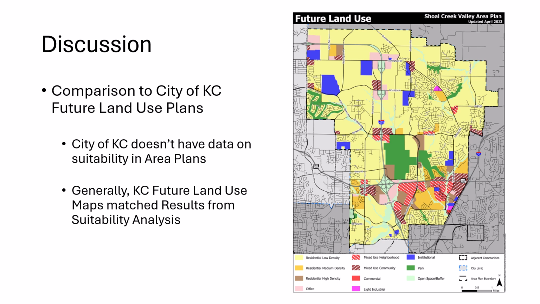So I did look at the areas, and the areas that had the highest suitability tend to be areas that are designated residential here, and areas with lower suitability tend to be non-residential land uses. So it's likely that someone at the City of Kansas City did a similar analysis when developing these plans.